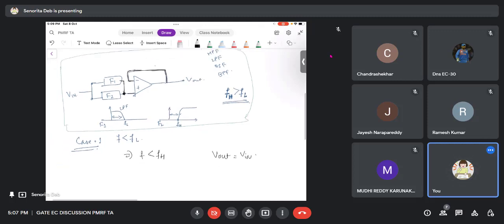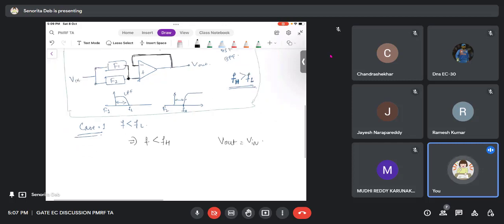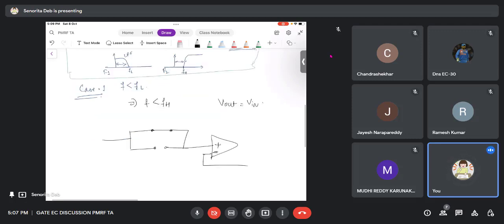Now if you see F less than FL, that means F is less than FH, and since F1 is a low pass filter, it will be passing the input, right? But F2 will block. So F1 will be a short circuit, but F2 will be an open circuit because it is falling in its attenuation range, and it is going to plus, and minus is connected like this.